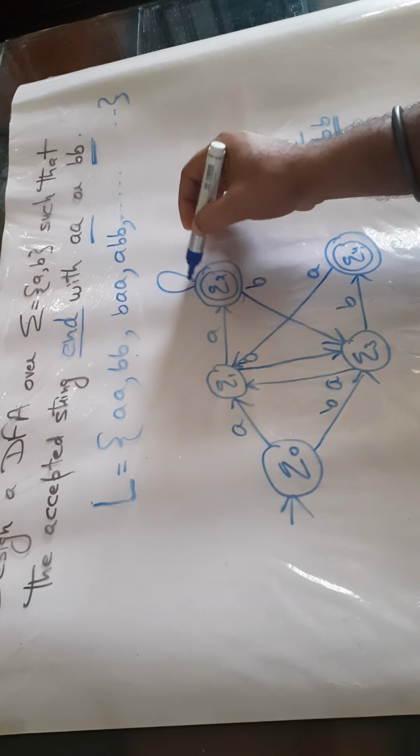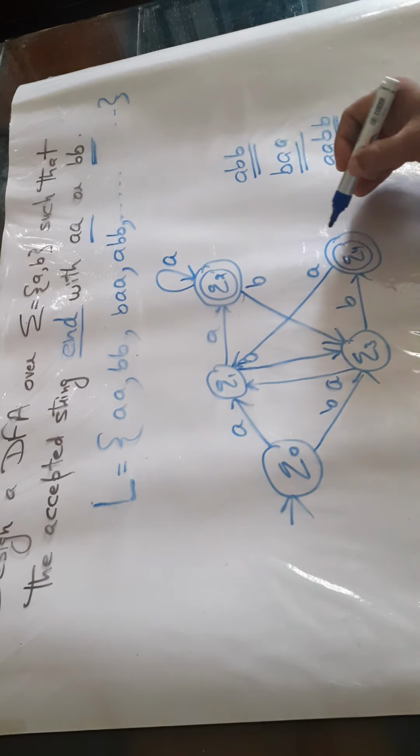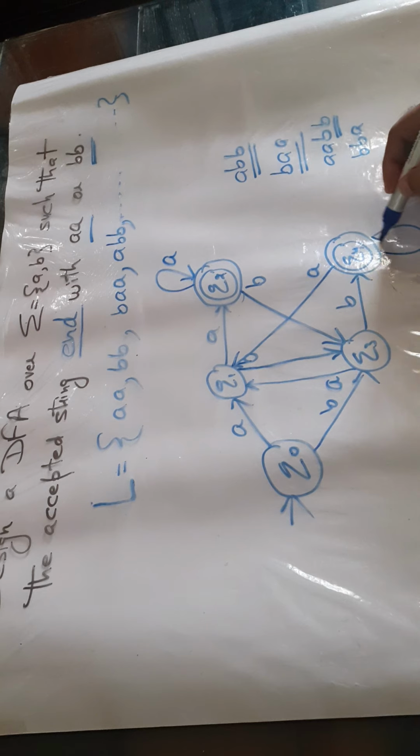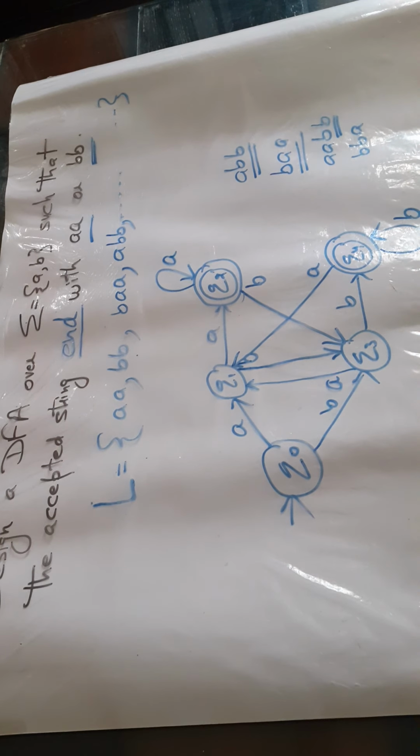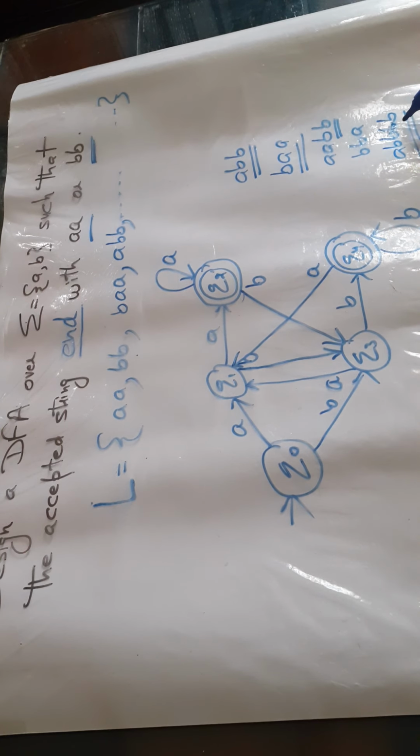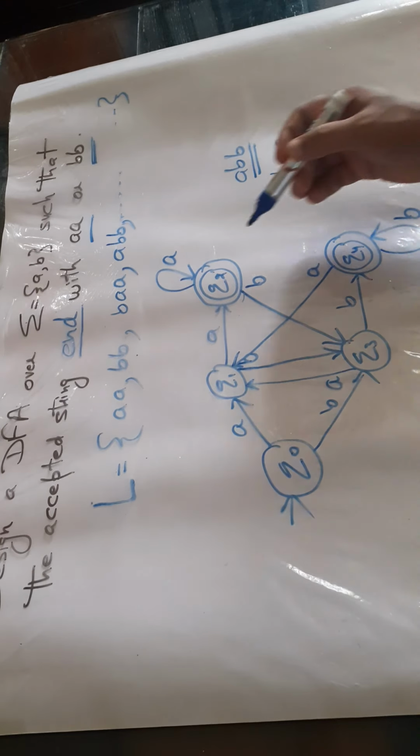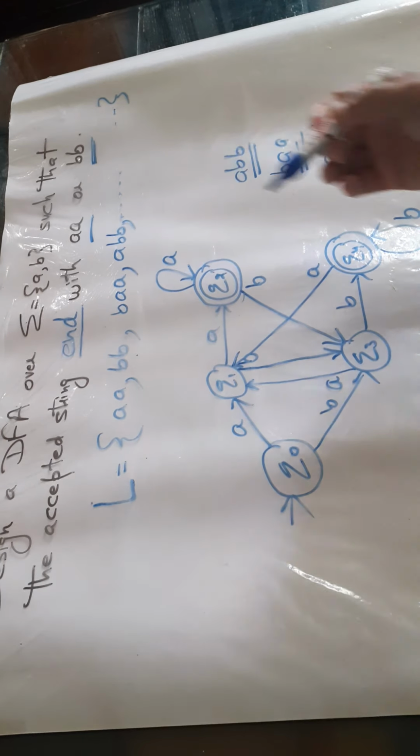That's not a problem. We can make a self loop here. Similarly, we can make a self loop for B. B can be repeated any number of times, not a problem. Like A, B, B, B, B. This is going to be accepted because the end condition is BB. So B can be repeated any number of times. Similarly, A can be repeated any number of times.